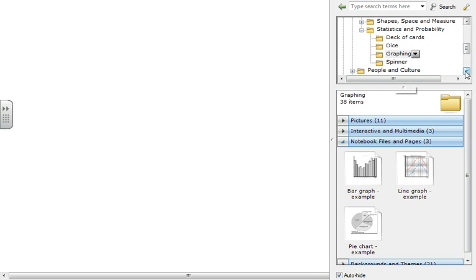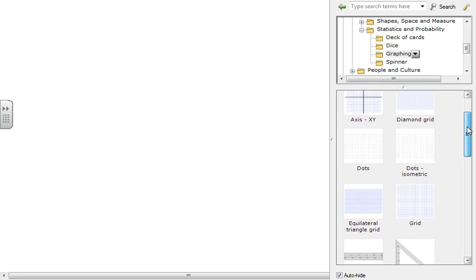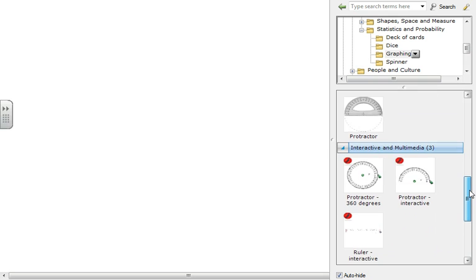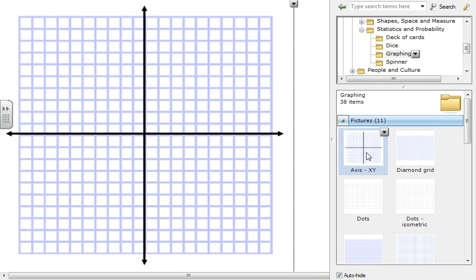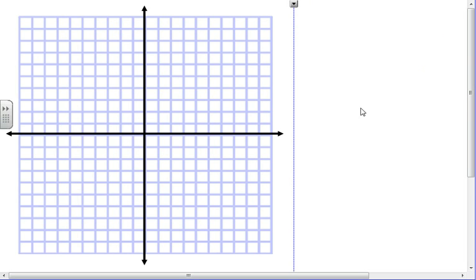Wait a minute. Interactive pictures. There we go. On top. Right there. I want that one. Axis. Okay, I'll use that one. I'd rather use something else, but I guess I'll use that one. All right, so back to here. We're going to copy it so I can paste it if I need it again.